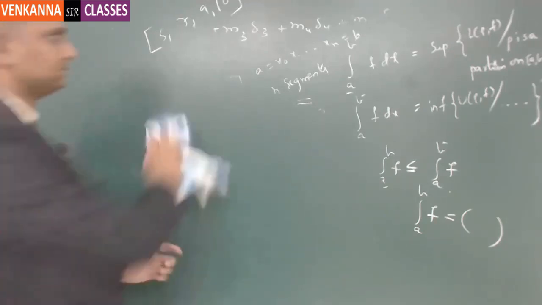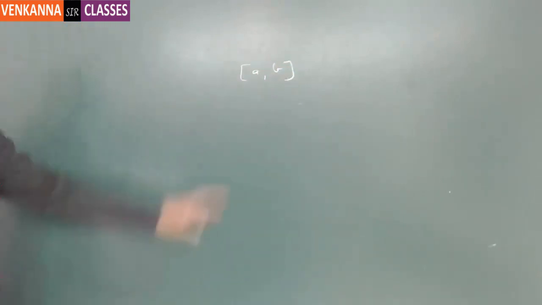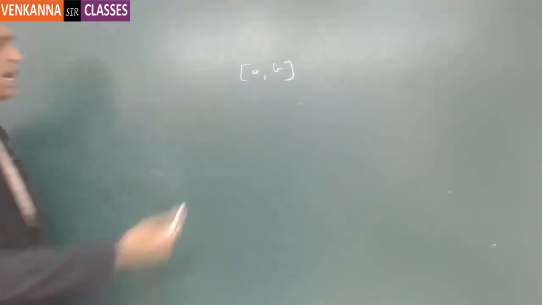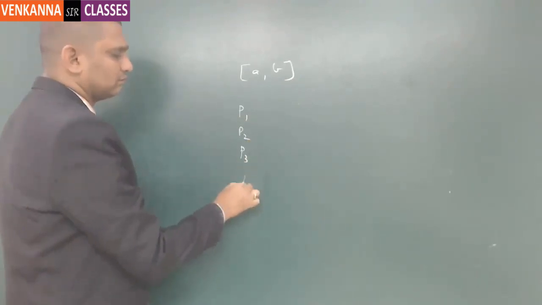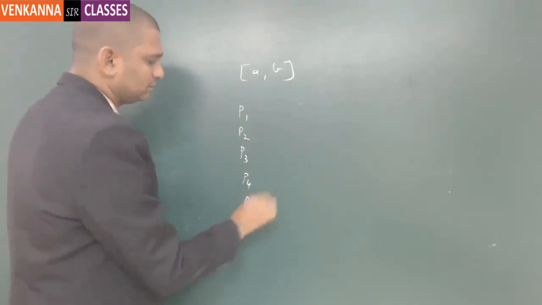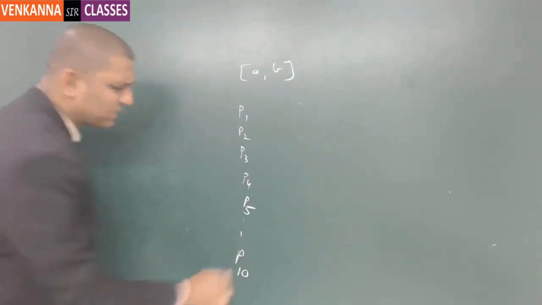Let me say one thing. Suppose I have an interval AB. On this interval AB, I have chosen 10 partitions. So what is meant by a partition here?